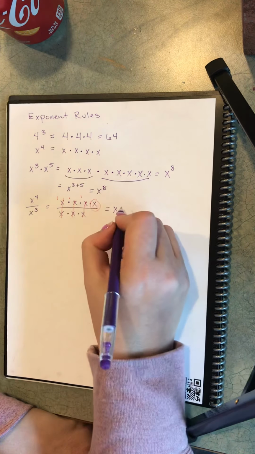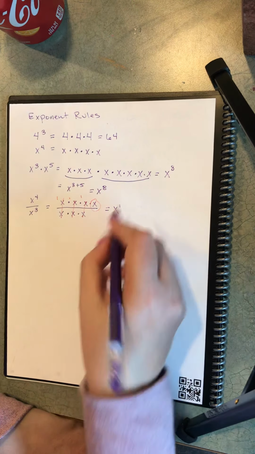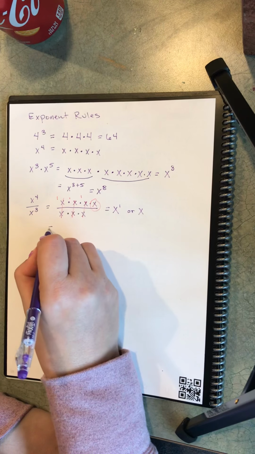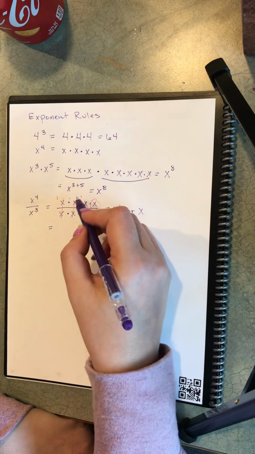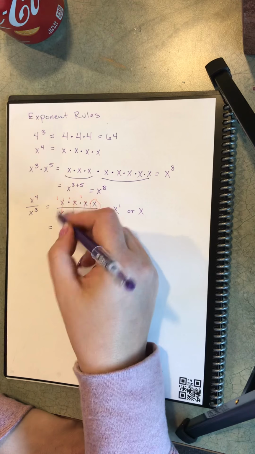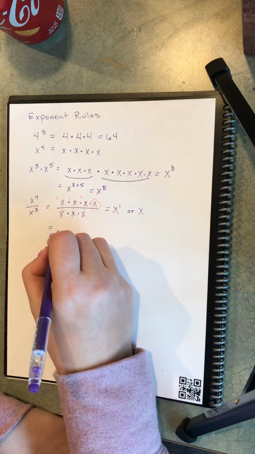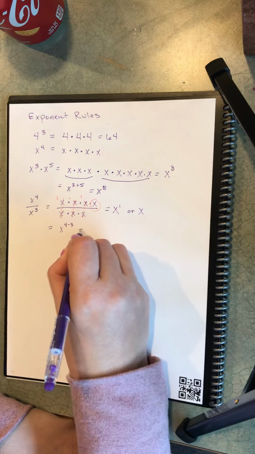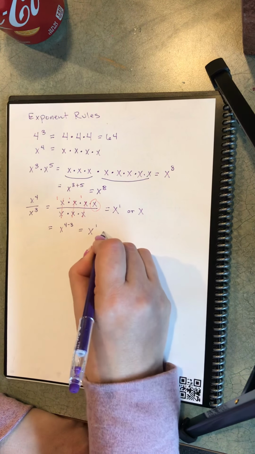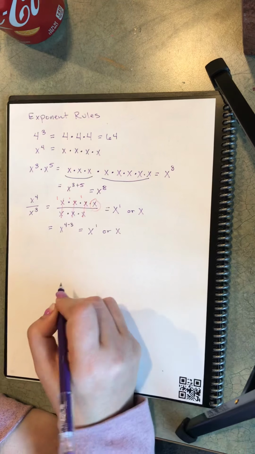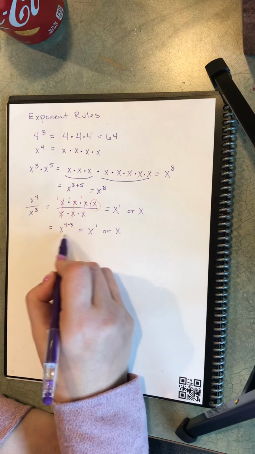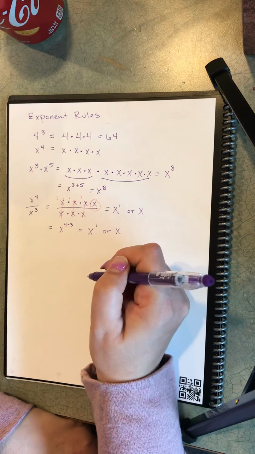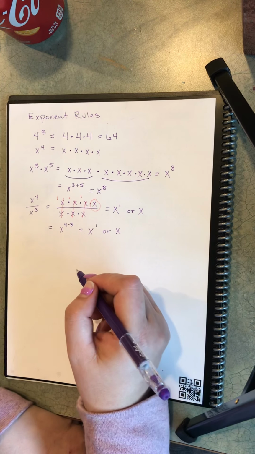Okay? Or I could write x to the first power or just x. The shortcut version of that here, because I'm taking away the ones that match, we could subtract. So x to the 4 minus 3, which gets us x to the 1 or x. Okay, so again, this is just a shortcut. If it helps you to expand it out and actually see it, at least until you internalize it, that's a good way to go.